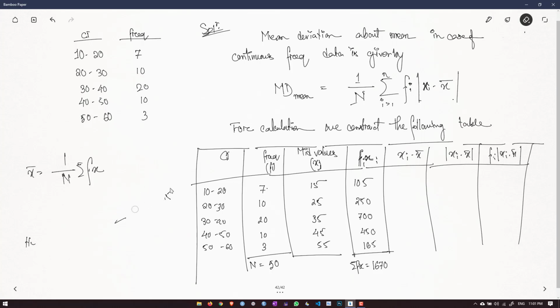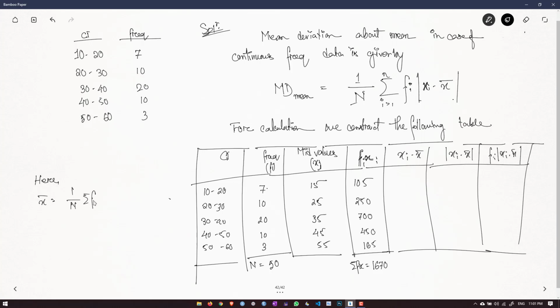Now once you get this fx and summation n or capital N, you can find out the mean. Okay, let me remove these values. Now after this table we will write here x bar is 1 by n summation fx is equal to 1670 by 50, which is equal to 33.4. Right?